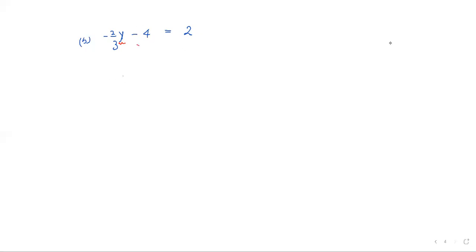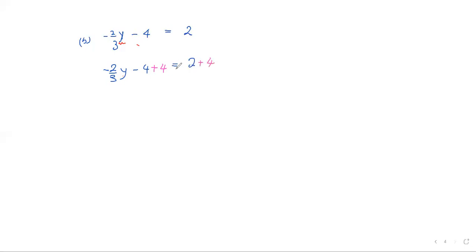We will write -2 over 3y minus 4. The additive inverse of -4 is +4, and that is equal to 2, because on the left we have added +4.